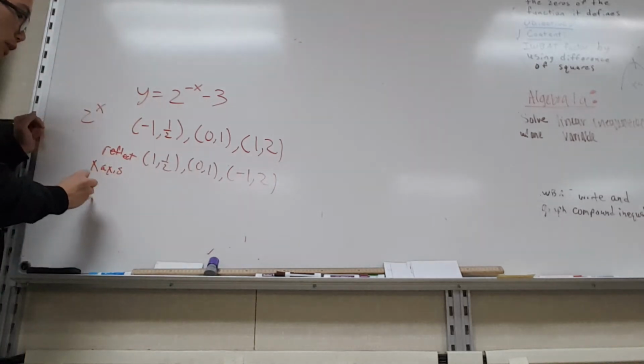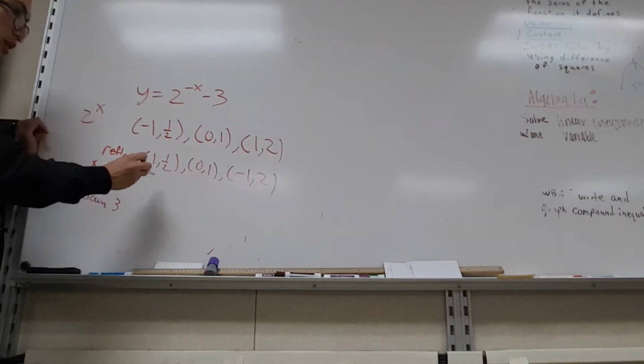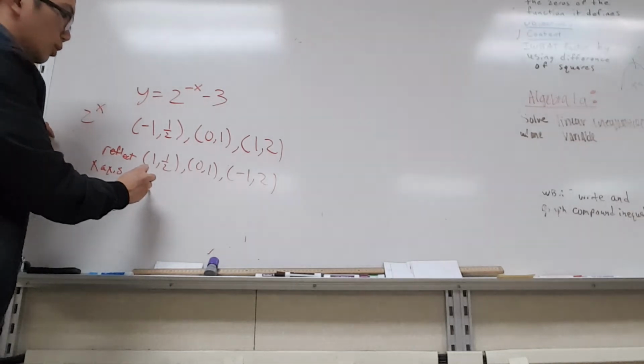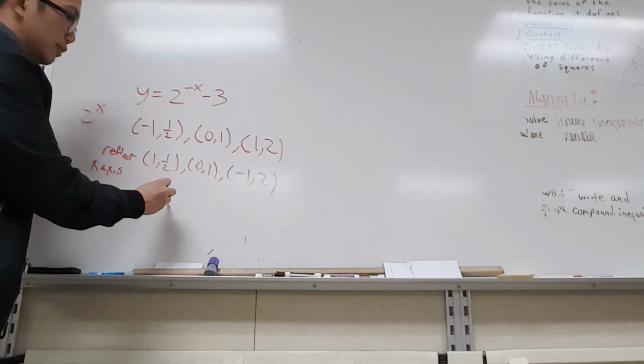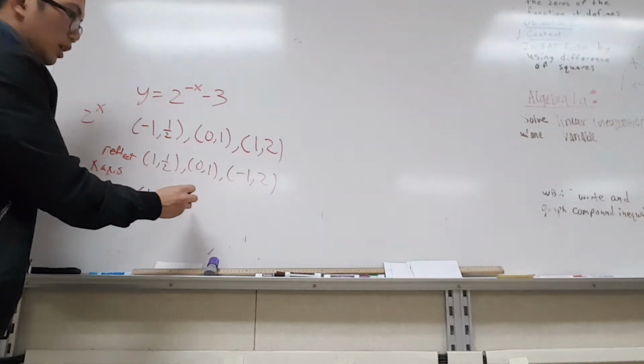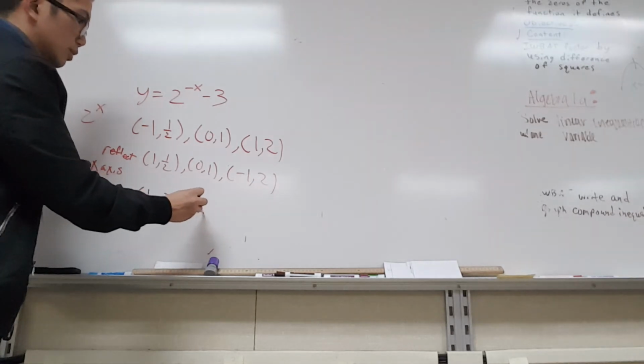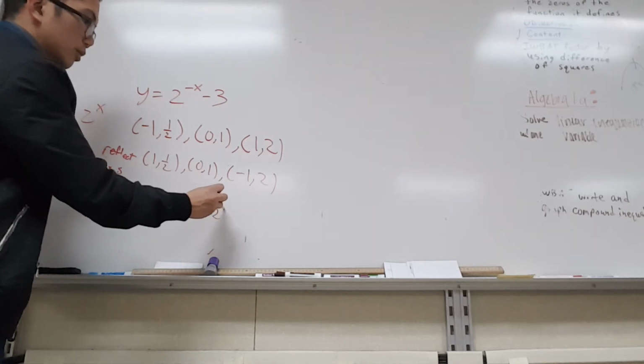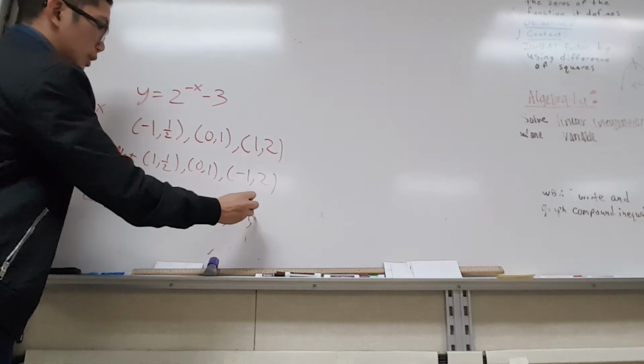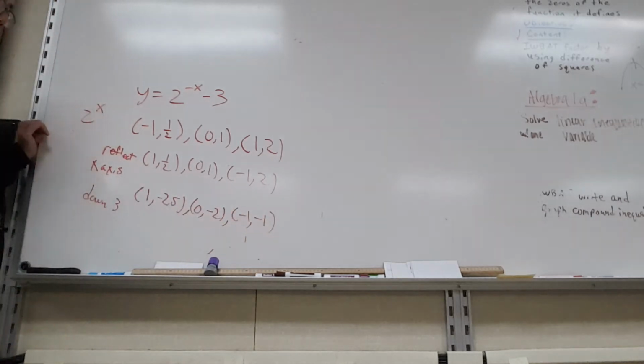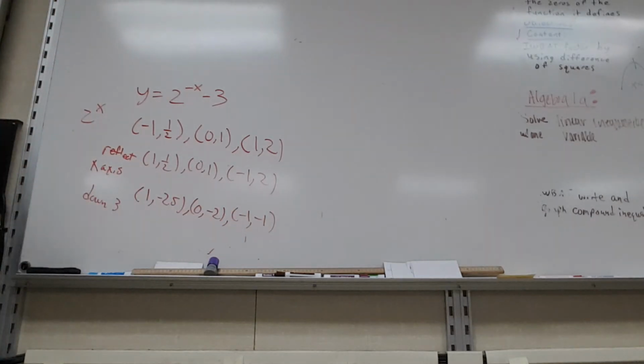And then I go down 3. And so this is 1, negative 2.5, 0, negative 2, and negative 1, negative 1. Okay, hopefully I did all that right.